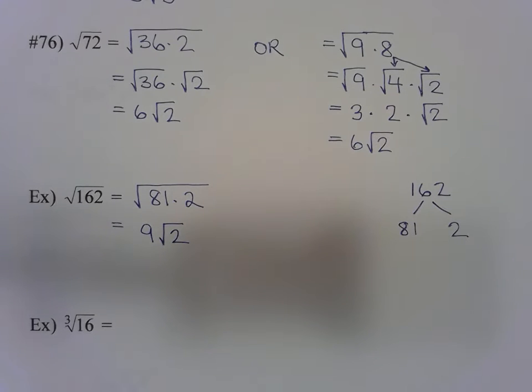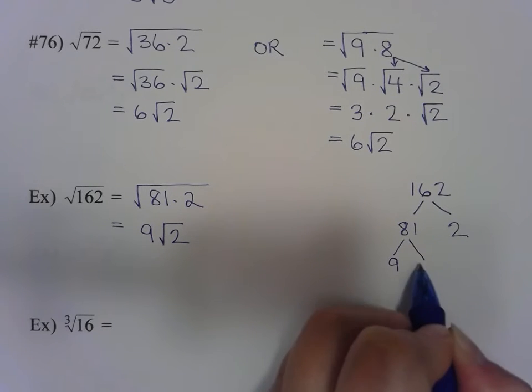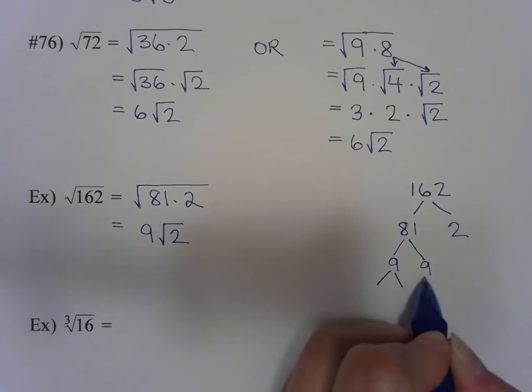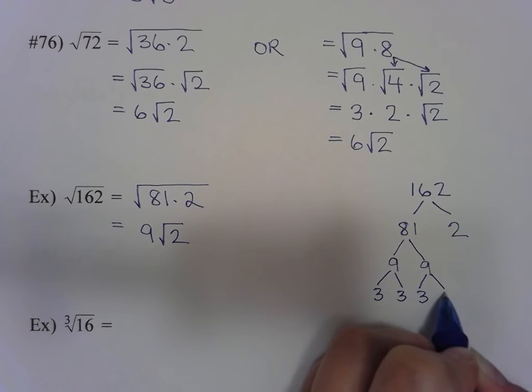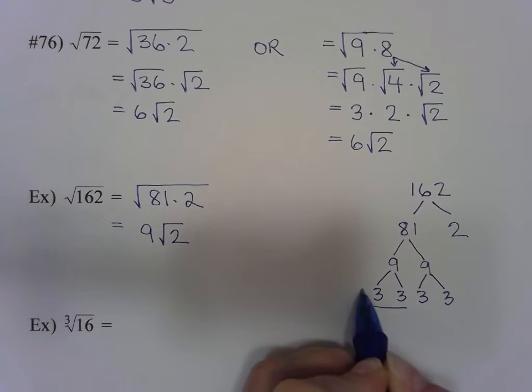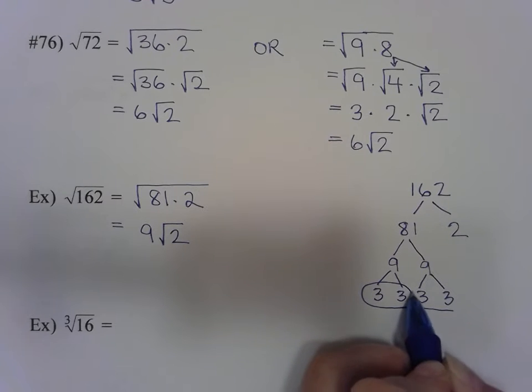Okay, let's say that you didn't recognize that 81 was a perfect square. If you don't see a perfect square right away or you don't recognize it, you could use a factor tree to break your number all the way down into prime factors, numbers that I can't break up anymore. Okay, for a square root, remember we said at the very beginning of this chapter, the square root takes one of 2 equal factors.